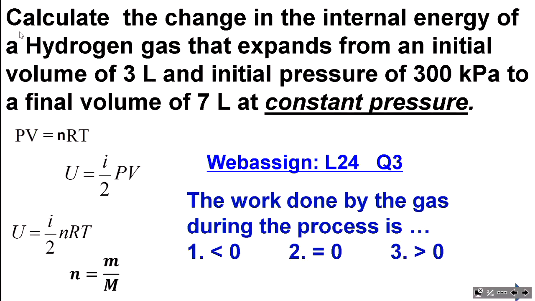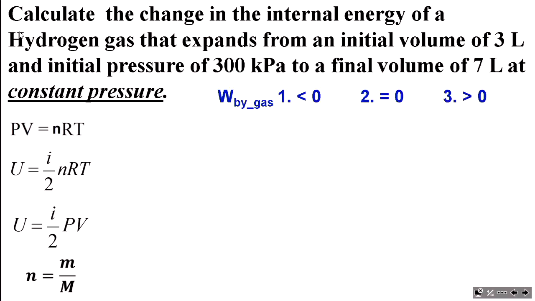And it's always helpful to draw a picture or diagram. In this situation, a picture of a gas doesn't really help because it's basically something like this. But a diagram, a PV, pressure-volume diagram, usually tells something important.